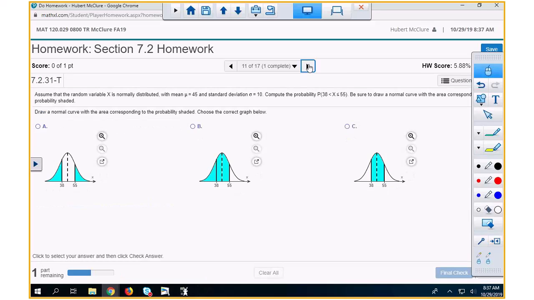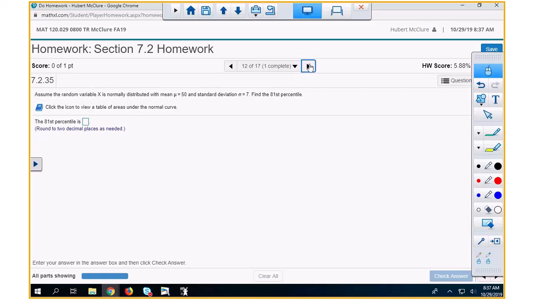Let's find another one. All right, try that one. Same scenario, 50 and 7. Find the 81st percentile. How do you say 81st percentile? 81%, which means 0.81. Now this one you're going backwards.